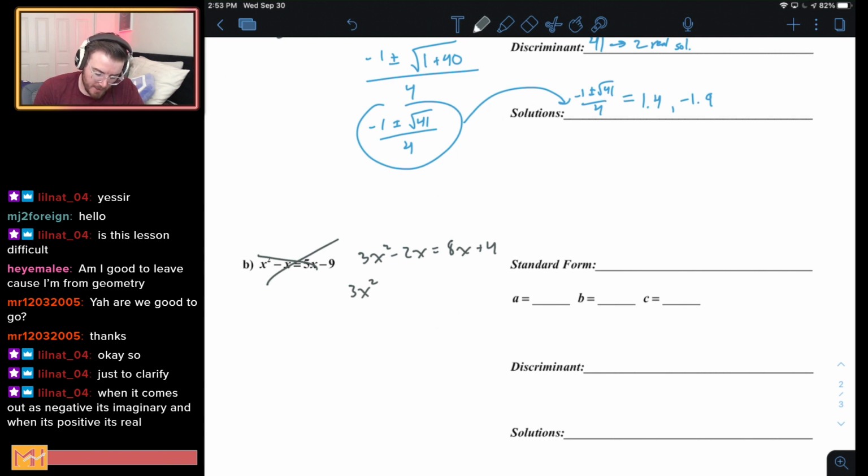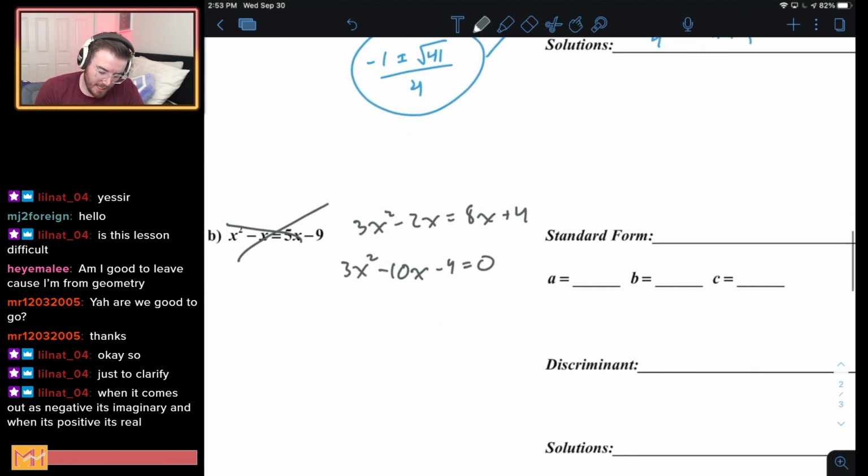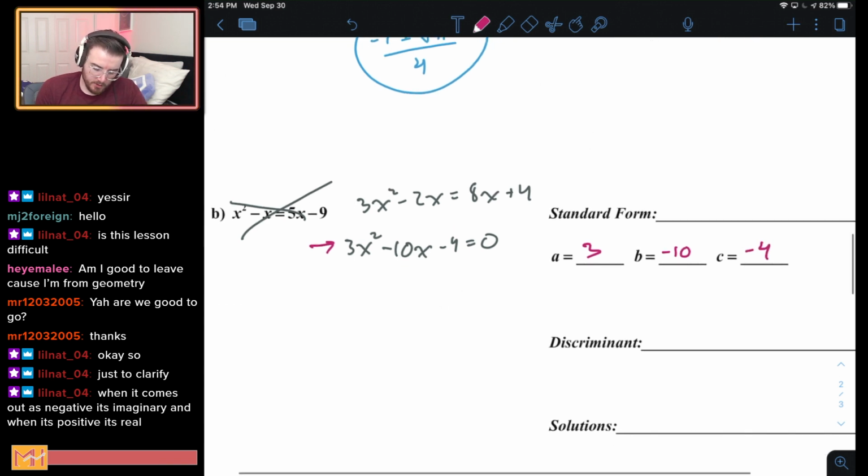So negative 2x minus 8x is negative 10x. And then you also subtract the 4 over. You got to get it in that standard form first, right? And then you can see that A is 3, B is negative 10, and C is negative 4. So let's see what happens here.